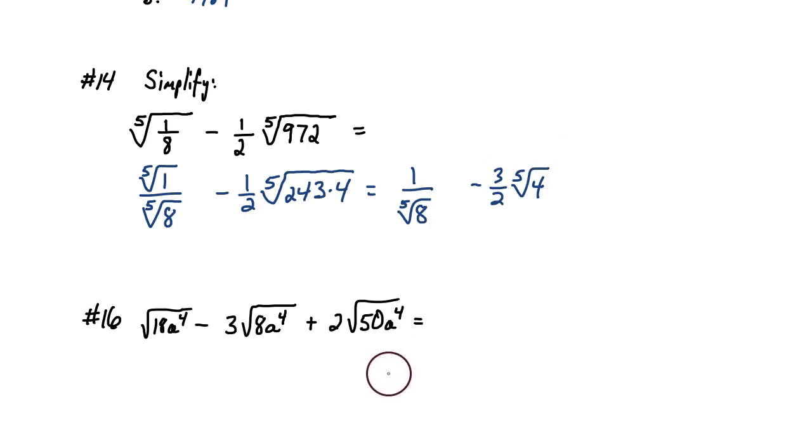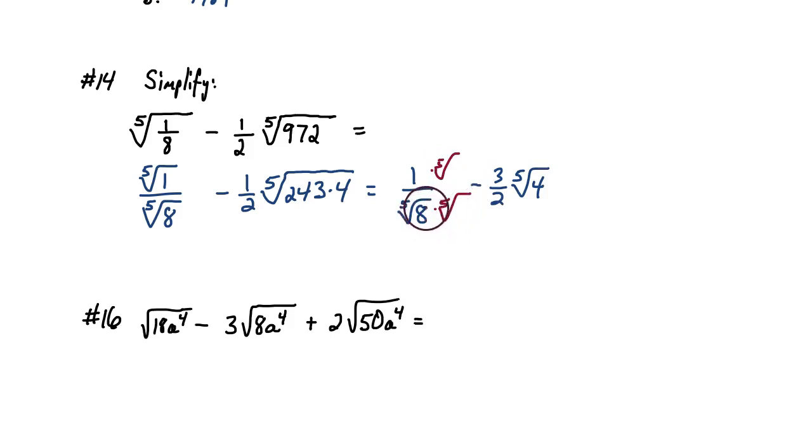Another requirement out of the 4 requirements about simplifying is you can't have a radical in the bottom of a fraction. So we need to rationalize this. The 5th root of 8 does not make an integer. So we need to change 8 into something that we can find the 5th root of. So we need to times top and bottom by the 5th root of something. Now let's put some thought into what we want to times by.